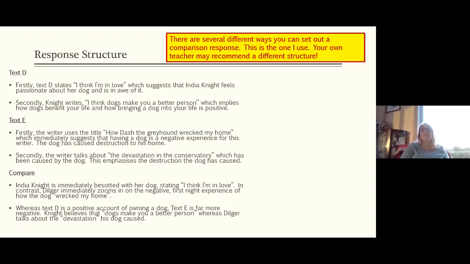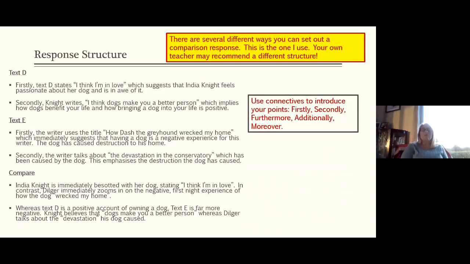Her dog seems to just be happy, like we said before, which was an excellent point, whereas his dog seems very unhappy and unsettled. It doesn't seem to fit in really. Obviously, if you could see the full text, you'd be able to pick out other things as well. So I've just picked out some basic comparisons there.